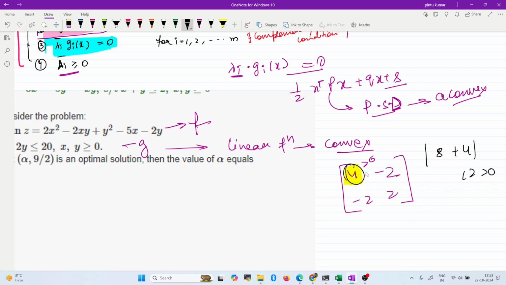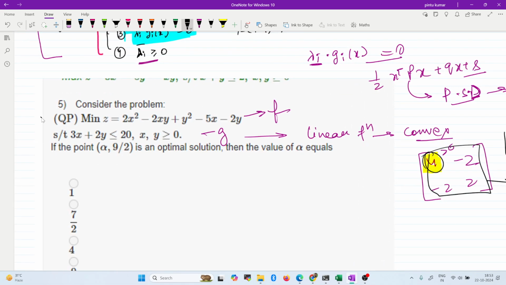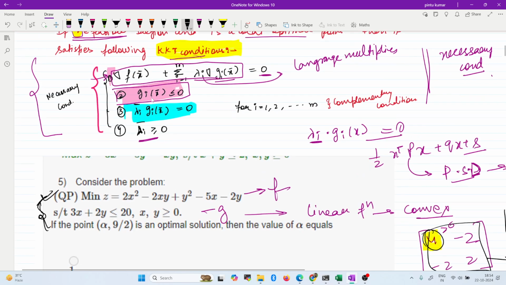So both leading principal minors are greater than 0. That's why this is a positive definite matrix and hence a positive semi-definite matrix. So this problem that is given to us is actually a convex optimization problem, so we can use the KKT condition.